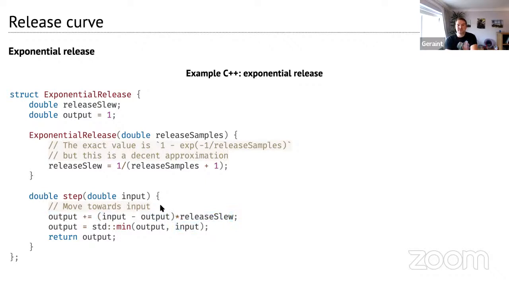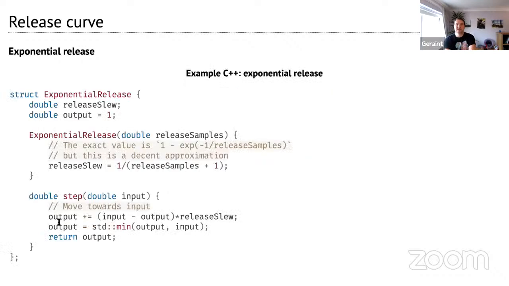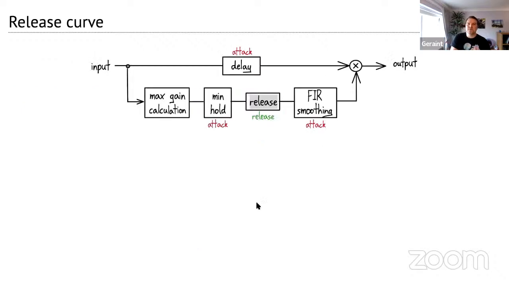So this is how you can produce this kind of release curve, and it's hopefully reasonably straightforward. This would just be like a first order, one pole smoothing filter, except we've added this instant move downwards. And in the flow here, we've put the release before the smoothing.